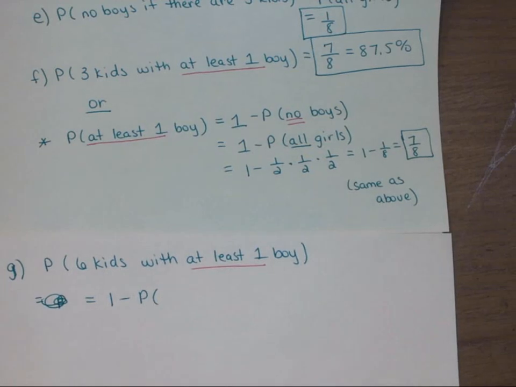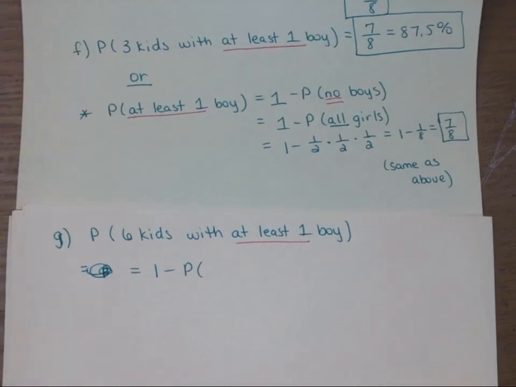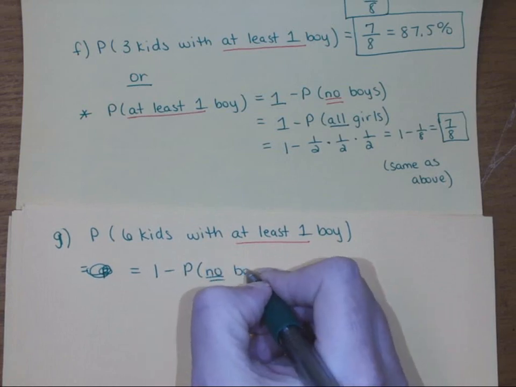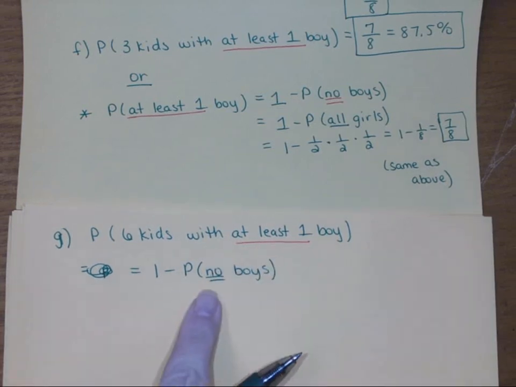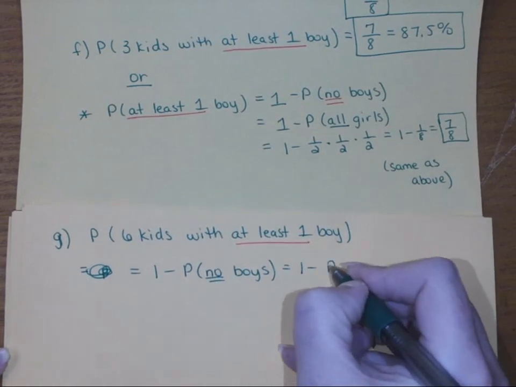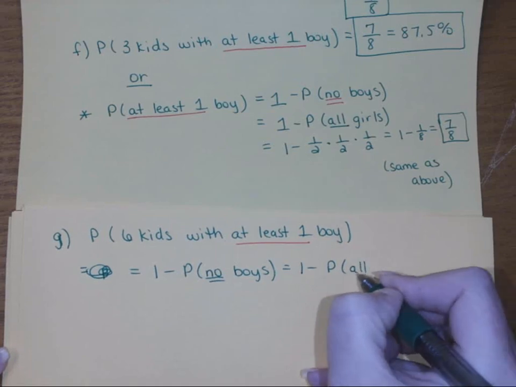So let's think about what the opposite means. At least 1 boy could mean 1 boy, 2 boys, 3 boys, 4, 5, or 6 boys, right? The only thing it doesn't cover is no boys at all. So we're going to do 1 minus the opposite, 1 meaning 100%, by the way. So essentially, we're really just doing 1 minus the probability of all girls.